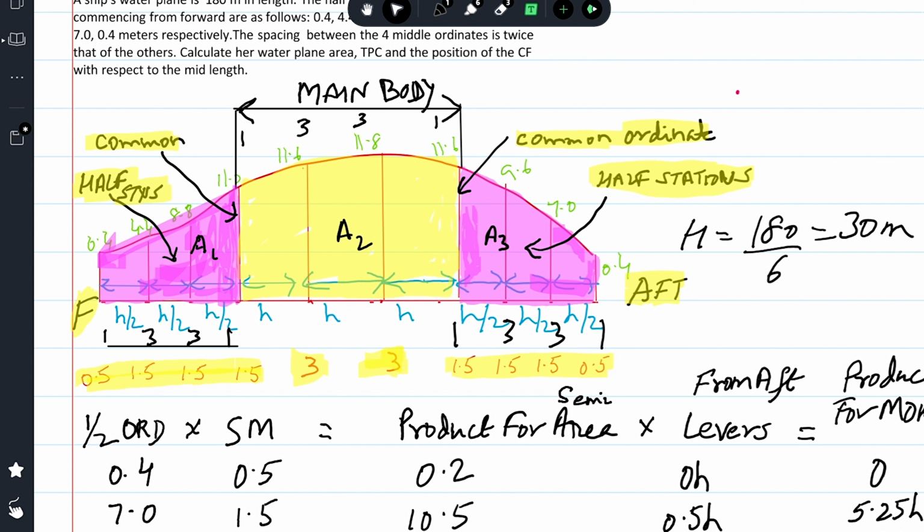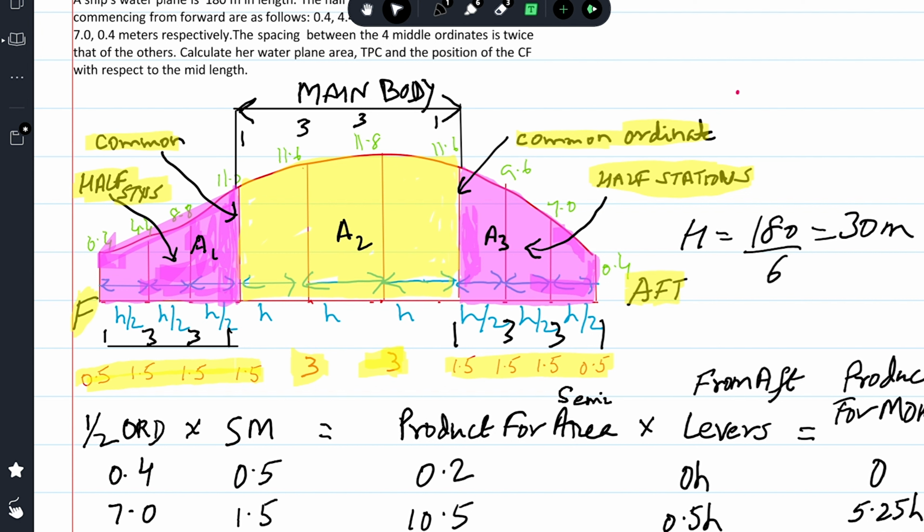Now I have to find what my h is. As I explained in the theory section, for calculating h you must consider how many complete sections there are. Complete section means the ones having common interval h.